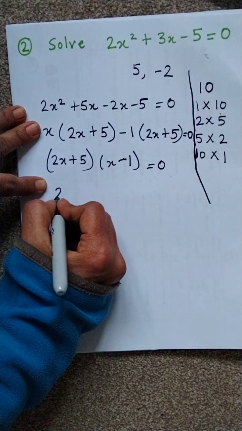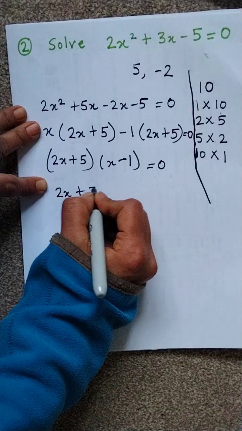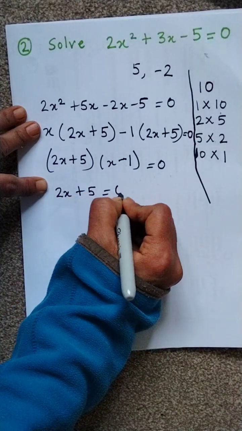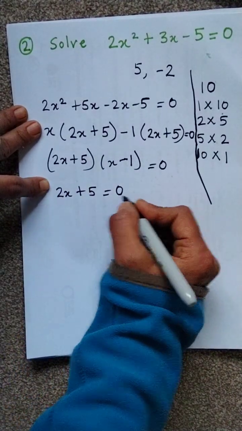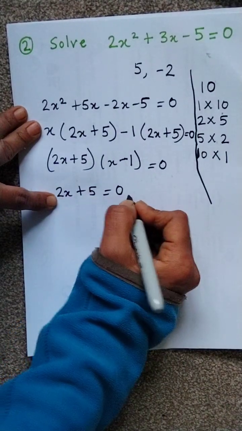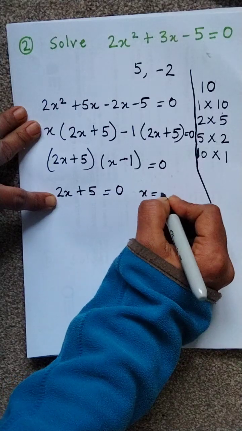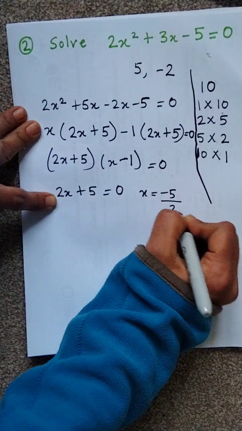So, if we take 2x plus 5 is equal to 0, then what happens? Therefore, x equal to minus 5 over 2.